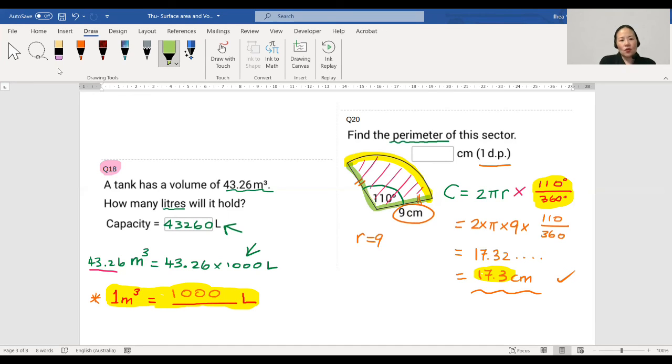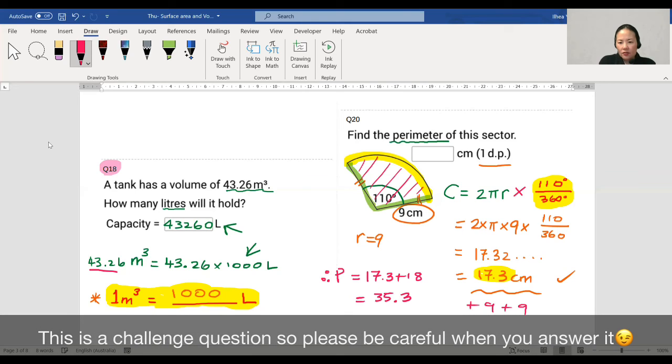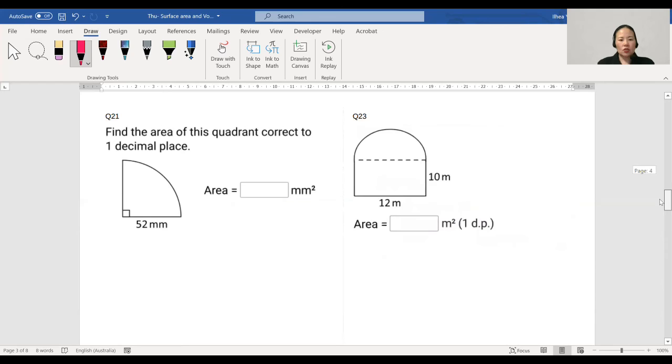So here, what I need is plus 9 plus 9, or what Kirsty said, plus 18. So my perimeter... Answer, miss. Excellent, Hannah. So what did you get, please? 35.3. Excellent. So the answer is 35.3 centimeters.